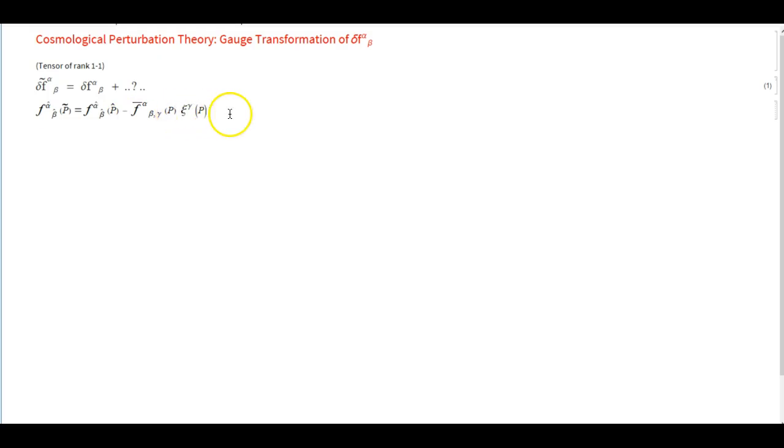I can simplify the notation. It is obvious that we are looking at the background value, so I can remove this p from here.